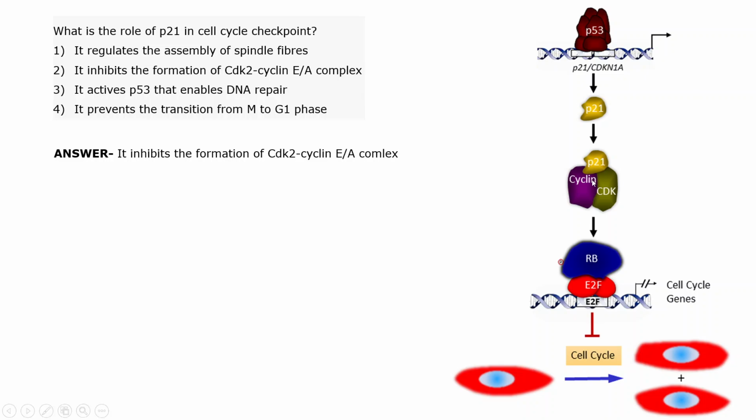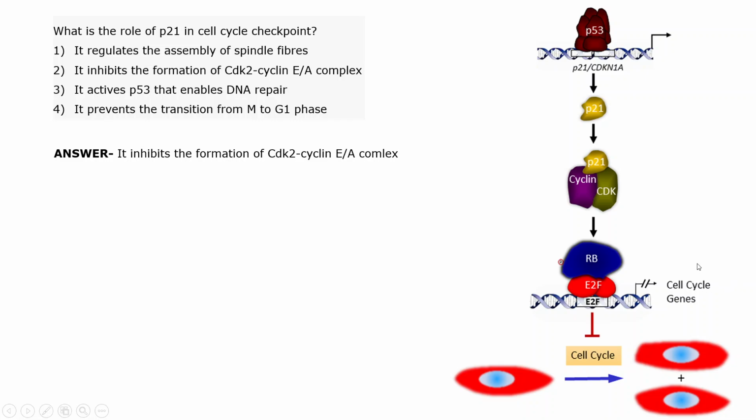This P21 binds to the cyclin E or A CDK2 complex, and because of this binding, it inhibits the cyclin CDK2 from phosphorylating the RB protein. Whenever RB protein is not phosphorylated, it stays bound to E2F, which is a transcription factor. Whenever E2F is bound to RB protein, it cannot bind to the DNA promoter regions that lead to the formation of several S phase cyclin genes.